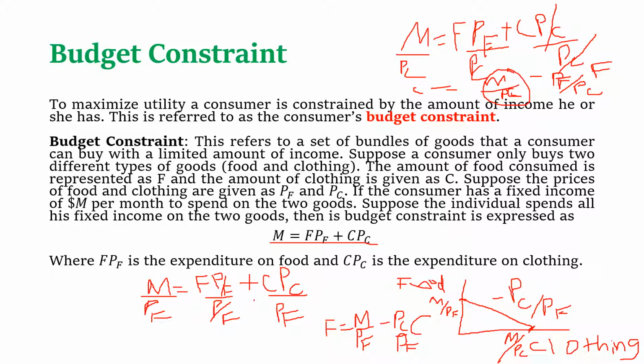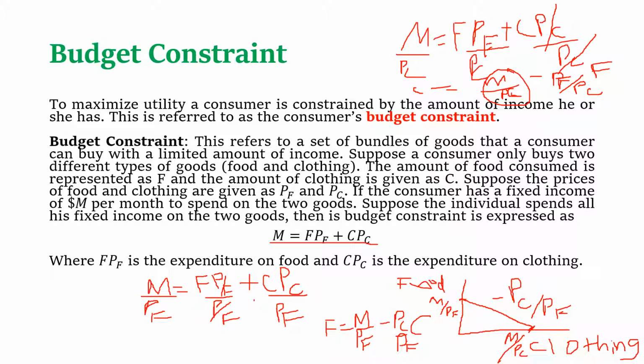Okay, let's continue. Before we move further, you know what the budget constraint is now, right? It is just a set of bundles of goods that a consumer can buy with a limited income, right?